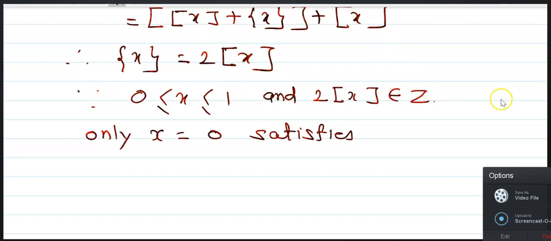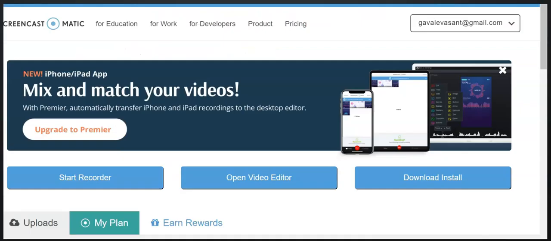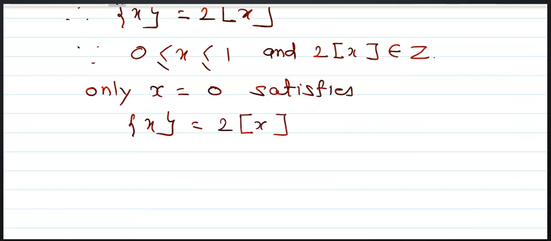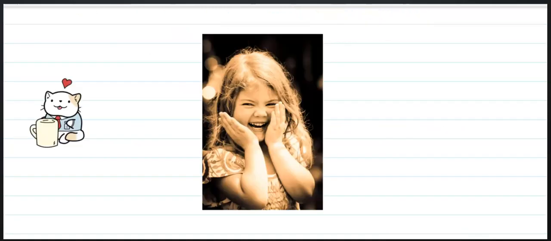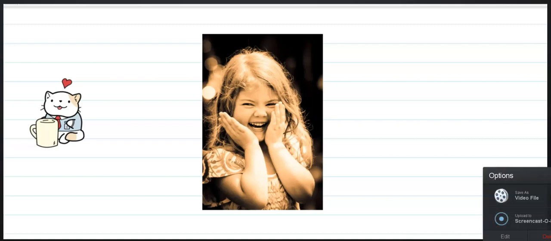This condition is satisfied only when x is equal to 0, so x is equal to 0 is the only solution. In this way we have completed exercise 6.2. We'll see in the next video. Till then, goodbye.